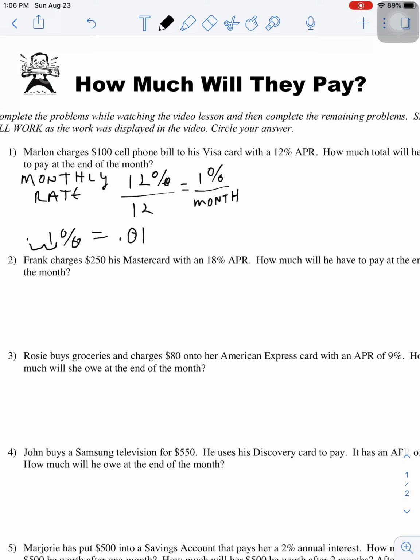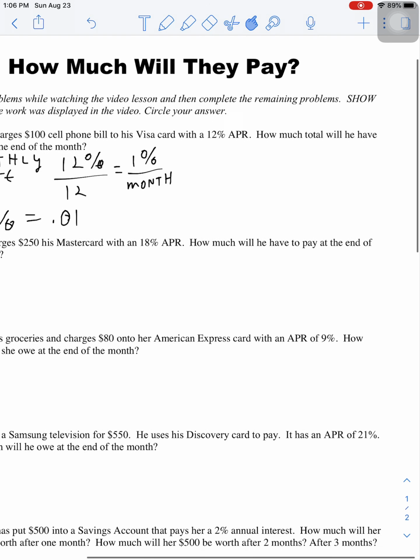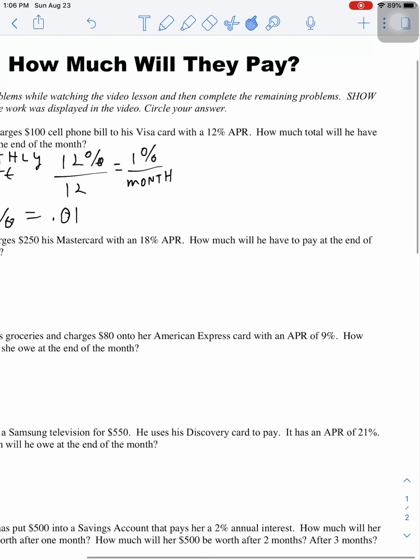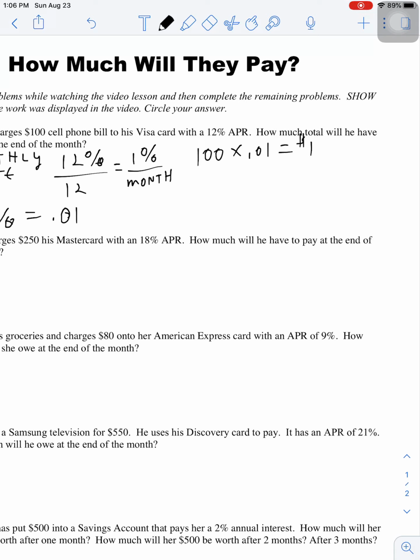So you get 0.01. 1% is 0.01. So when we go to calculate how much Marlon is going to owe at the end of the month, we take the $100 that he charged times 0.01, and that's going to give us $1.